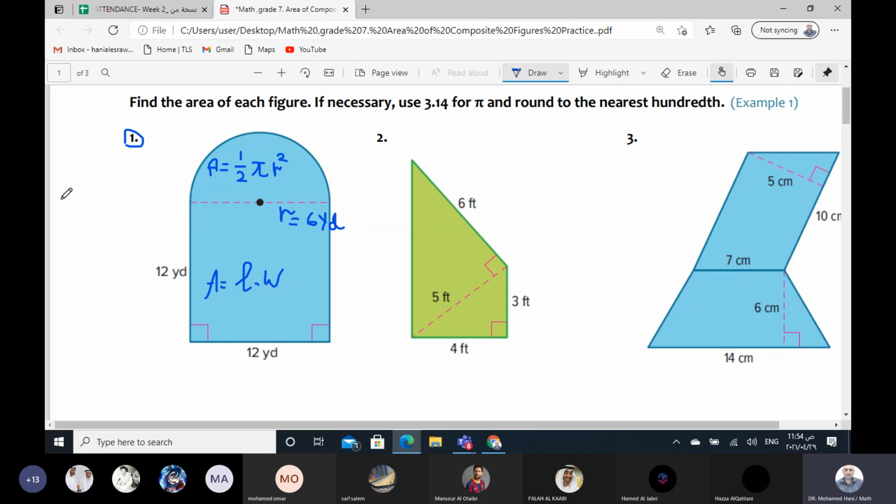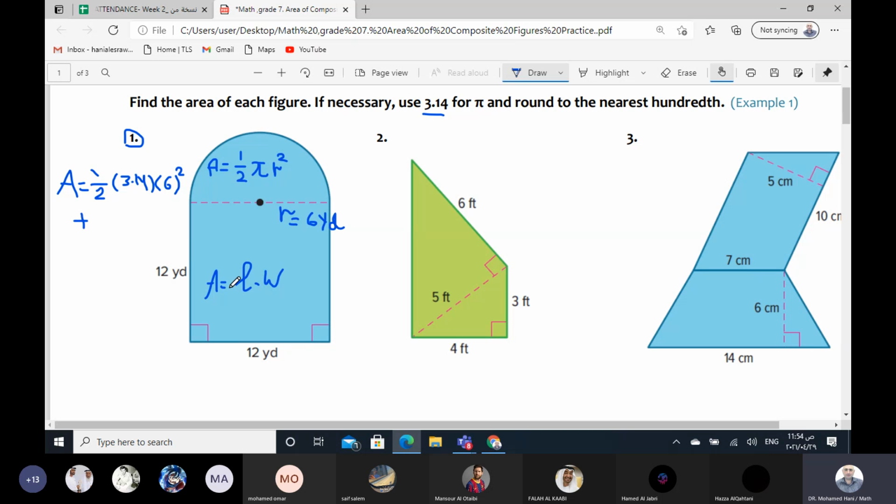So the area of the composite figure equals the area of the semicircle, 1/2 times pi, which will be 3.14, times r, the radius 6, squared, plus the area of the rectangle, length 12 and width 12.